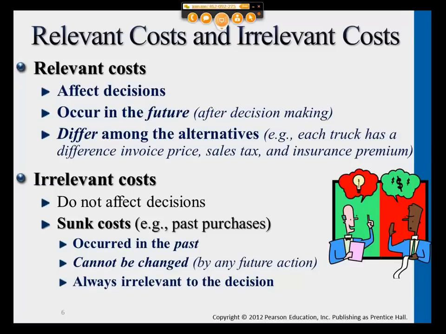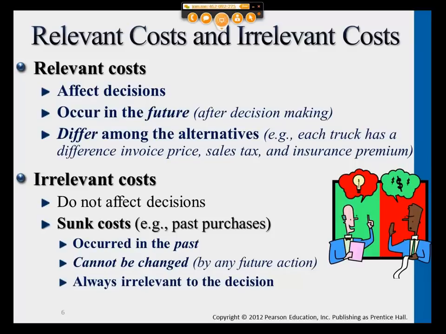Those irrelevant costs are the ones that occurred in the past. We can't really change them because they occurred already, no matter what vendor we select or what decision we make. So they're going to be irrelevant to our decision.